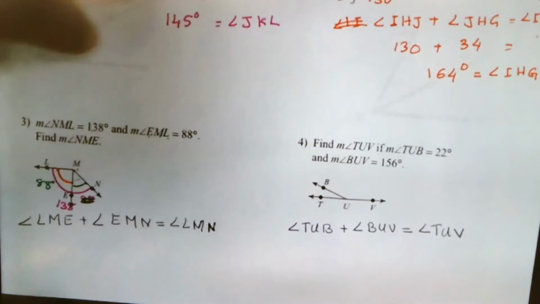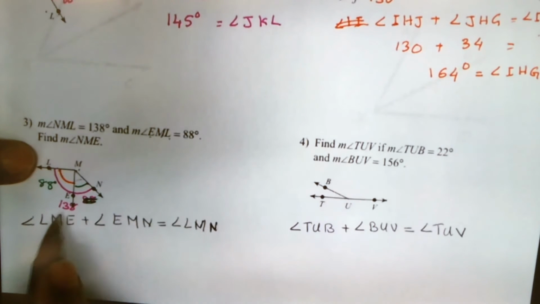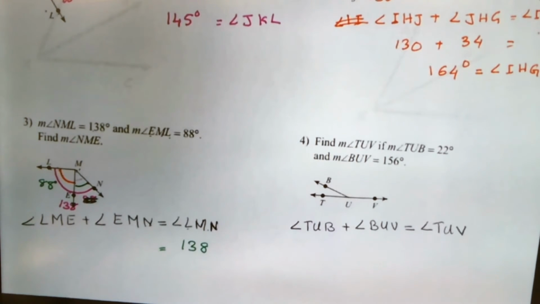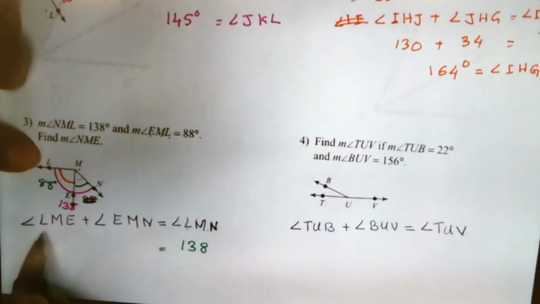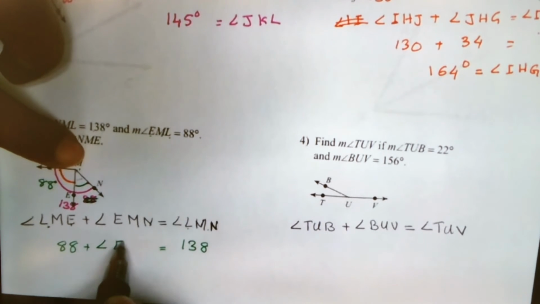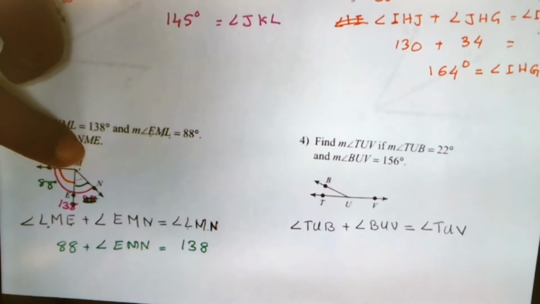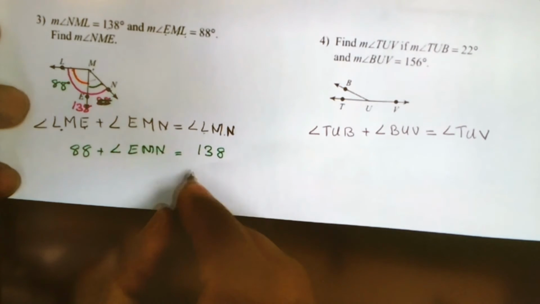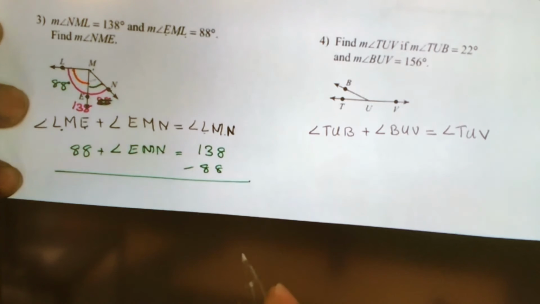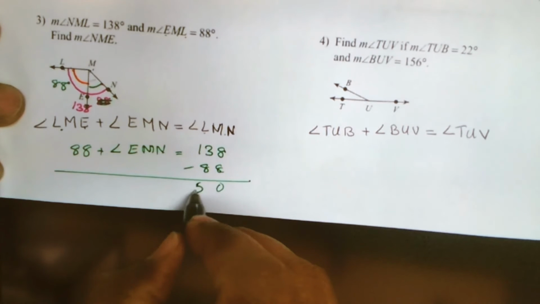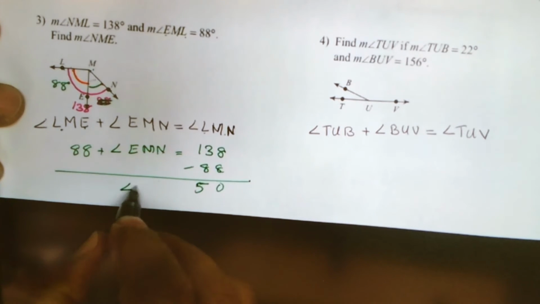We are given the whole, the big angle, LMN is 138, equal to the angle LME, that is 88 degrees, plus EMN. To solve for EMN, I subtract 88 from both sides. So 138 minus 88, 8 minus 8 is 0, 13 minus 8 is 5. That means the measure of angle EMN is 50 degrees.